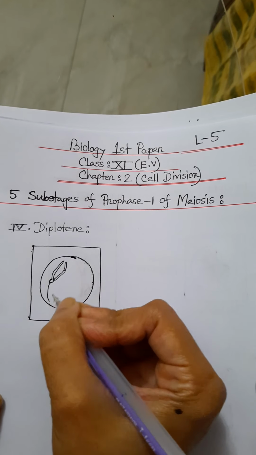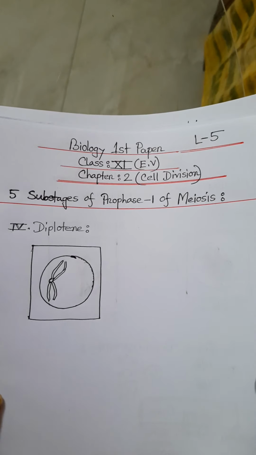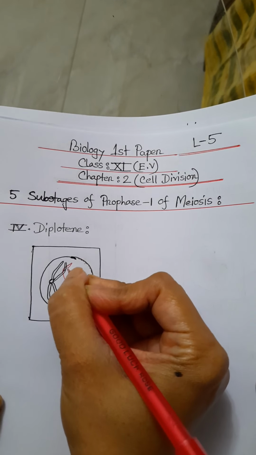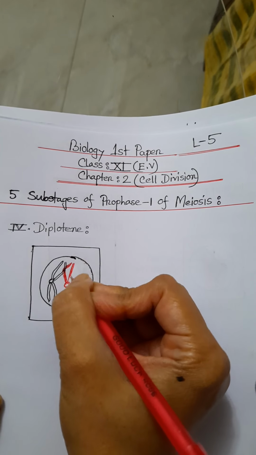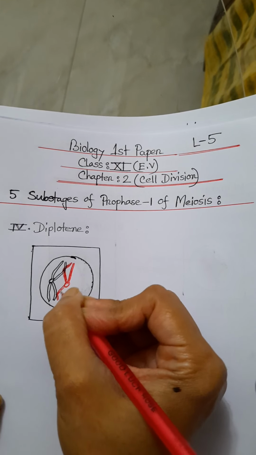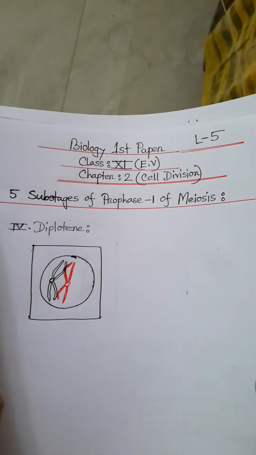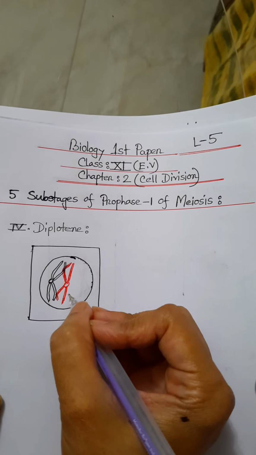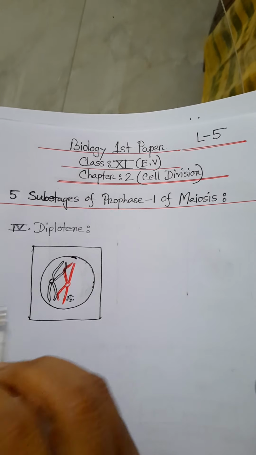Here is the chromatid, here the centromere and another chromatid and another centromere, overlapping. And the nucleolus is starting to disappear.